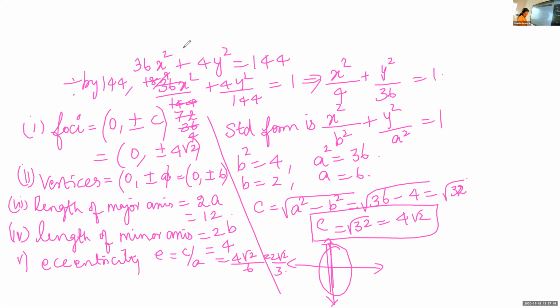Next is length of latus rectum. Length of latus rectum is 2b square by a.